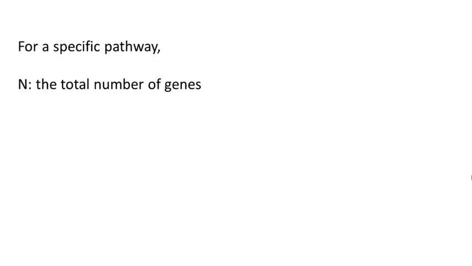For a specific pathway, let big N be the total number of genes. For example, all the genes in the whole genome or all the genes with probes on the gene expression microarray. This is your whole universe of genes, often called the background. Here we only include genes mapped to pathways and ignore genes that are not mapped to any pathway.